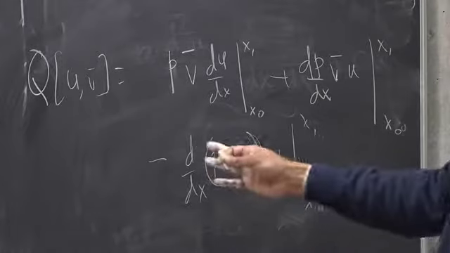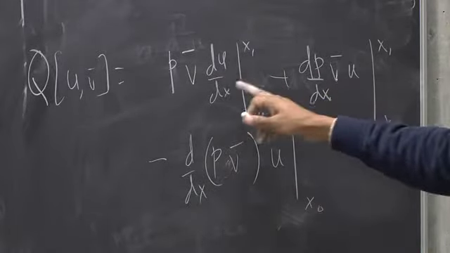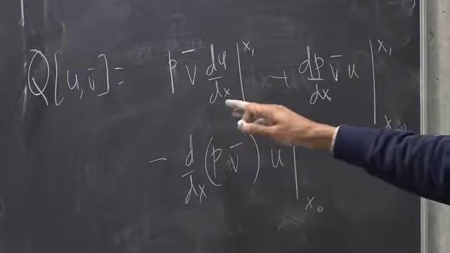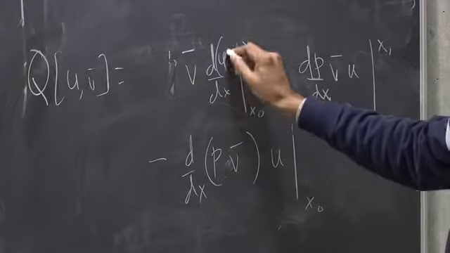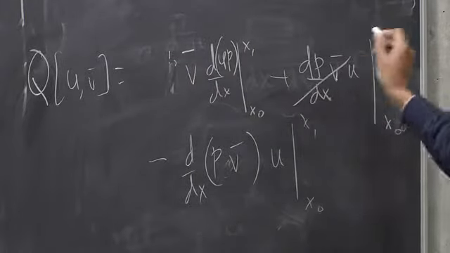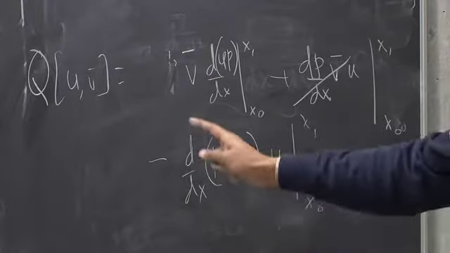In fact, it becomes very symmetric because now you see these two terms together are simply P, U, P, if you want to write it like that. So it's completely symmetric somehow.